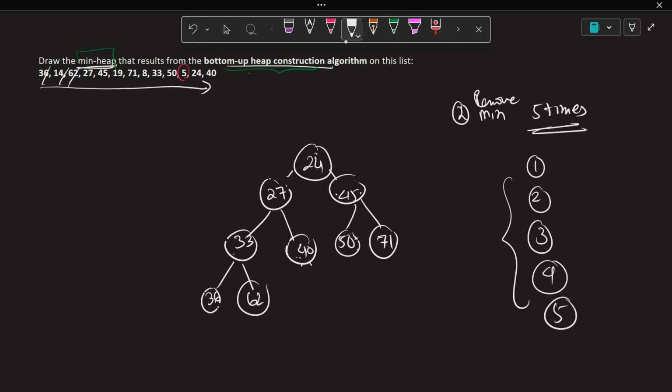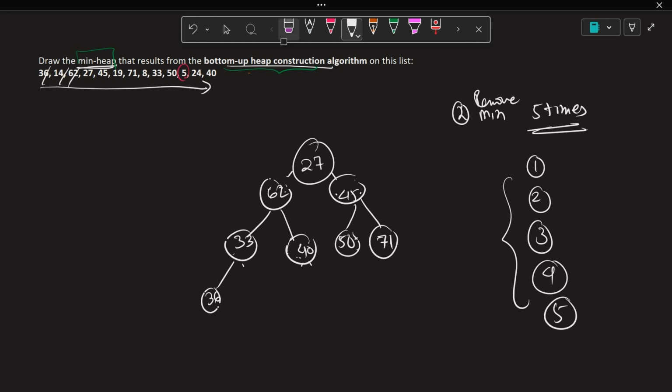At the 5th time, if I ask you again, you chop the head. If you ask me which one to replace it with, you're not going to replace it with any of these. You still look at the lowest level. The rightmost, the last node of the lowest level, is 62, so you replace it with 62 and perform the same thing. 27 goes at the top, then 27 and 62.